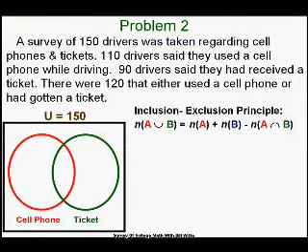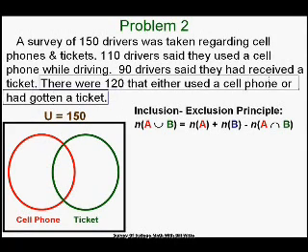Remember I told you the identity, the inclusion-exclusion principle, and that's going to help me. It tells me that the number of members of A union B is the number that's in A plus the number that's in B minus the number that's in A intersection B. Well, let's see.